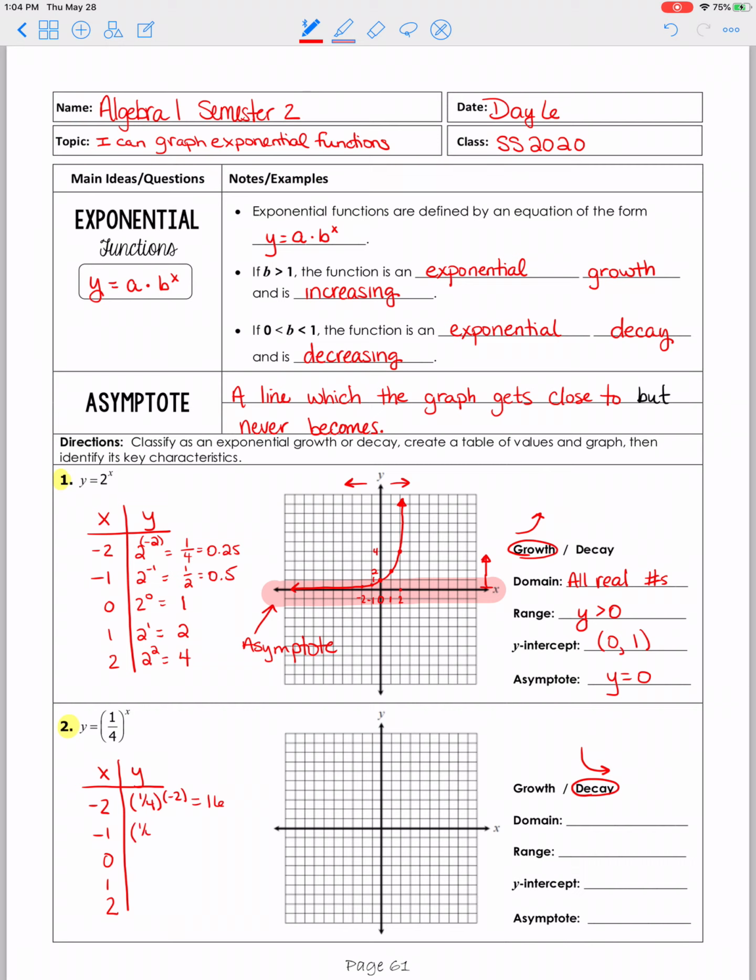When we take 1/4 to the -1st power, the negative flips the base, so this would be 4/1. Anything to the 0 power is 1. 1/4 to the 1st power is 1/4. And 1/4 to the 2nd power is 1/16.